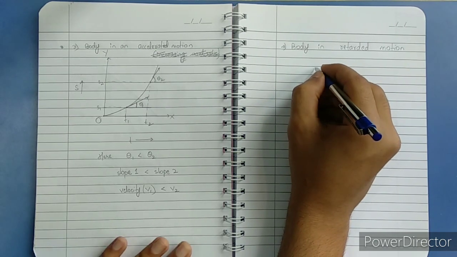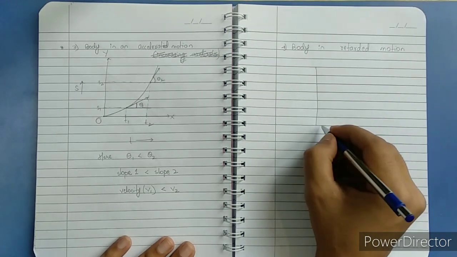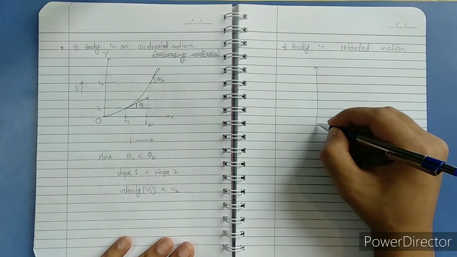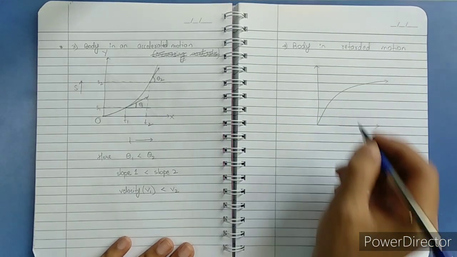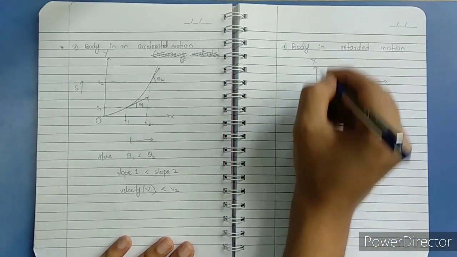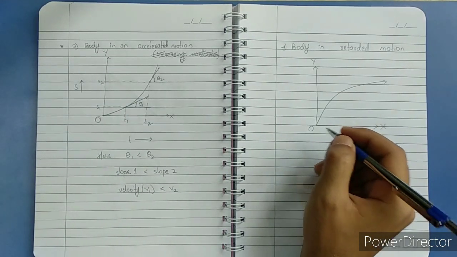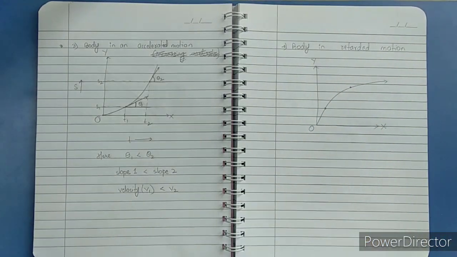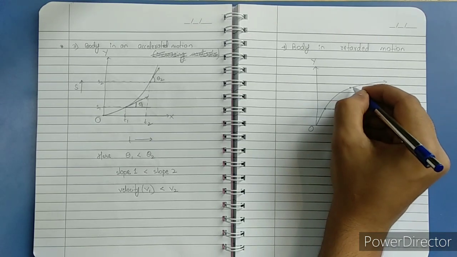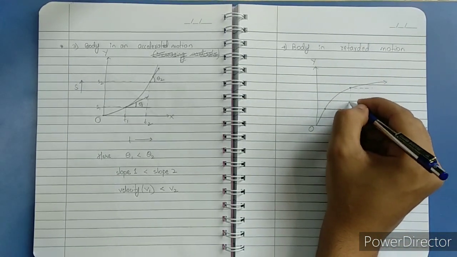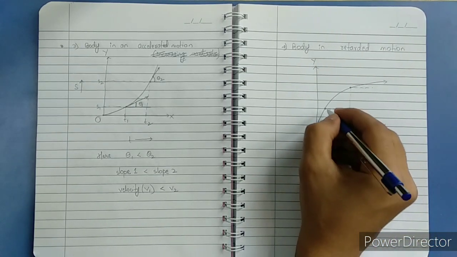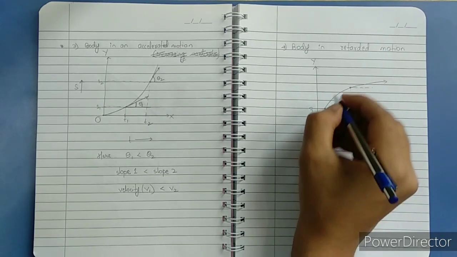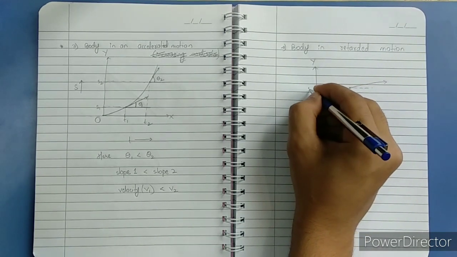The next graph is like this. X-axis, Y-axis, origin. Okay, let's take again two points, say this point and say this point. We'll draw a line parallel to the x-axis in both cases. Let's say this is T1, T2, this is S1 and this is S2.